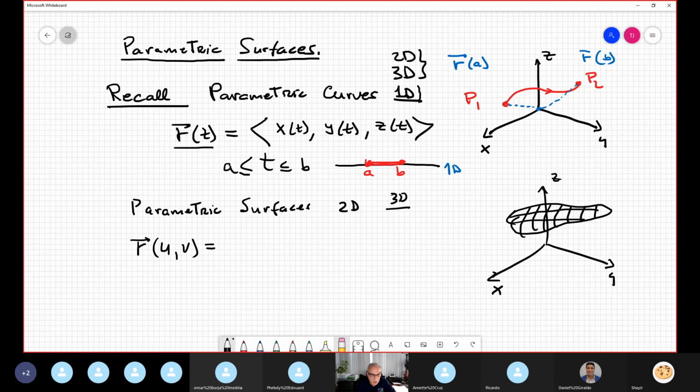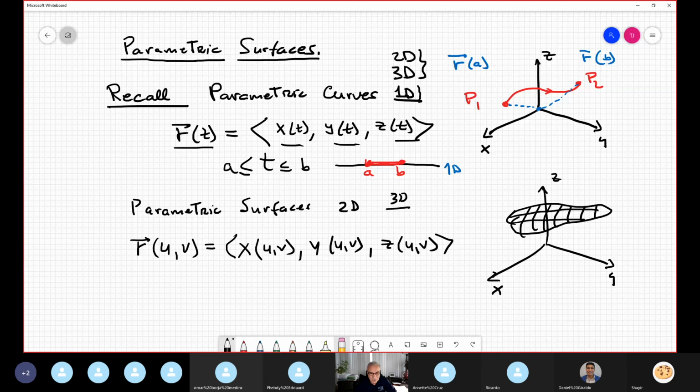In the parametric surface, R is a function of u and v, or you can change the names, depending on the geometry. Maybe you feel more comfortable calling them r and theta. So basically, it's the vector-valued function in which you have X, Y, Z, with X depending on u and v, Y depending on u and v again, and Z depending on u and v.